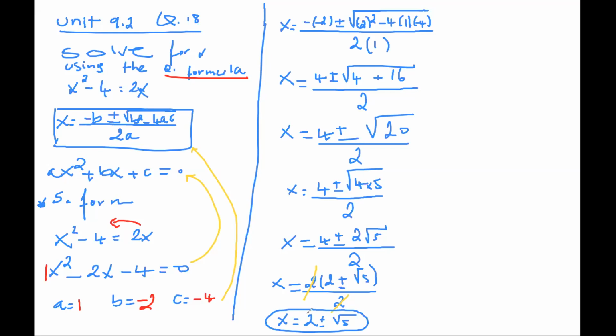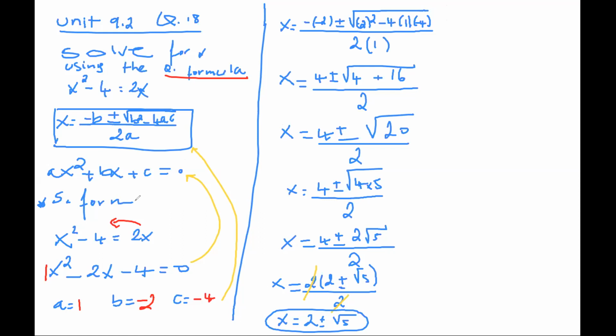That's the reason why we have another method when factoring doesn't work. Not every equation can be factored, but we can still find a solution. It looks a little complex here with the radical and everything, because when we factor, usually we find two integers, so we don't have any radicals in it.